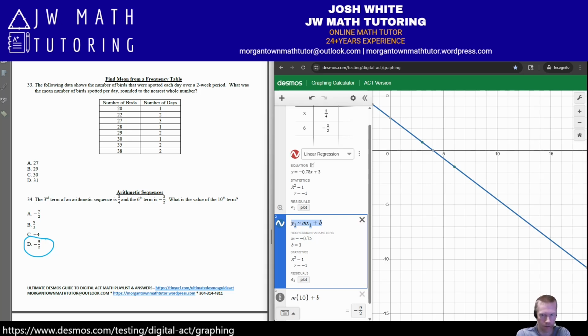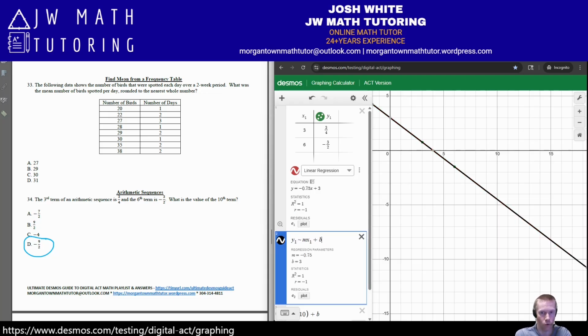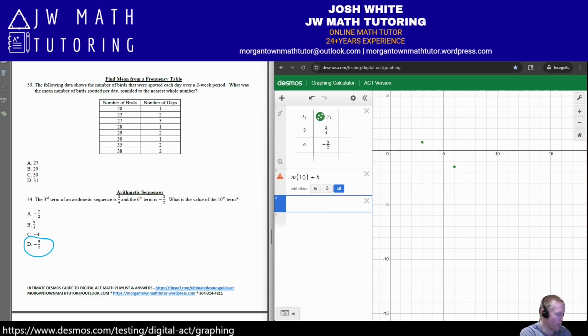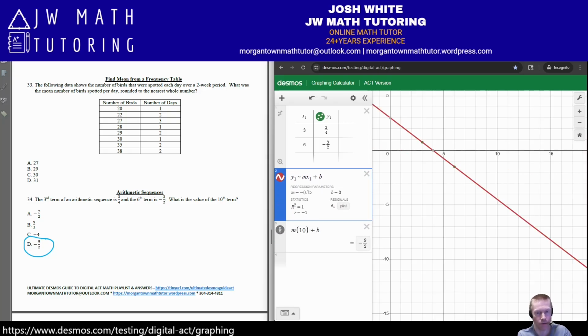Meaning, if you only click the button like this, and then you try to type m times 10 plus b, it's not doing anything, because the values aren't defined as m and b just yet. You have to technically click this, or you can just type this originally from the start, and then you could type the 10 times m plus b.